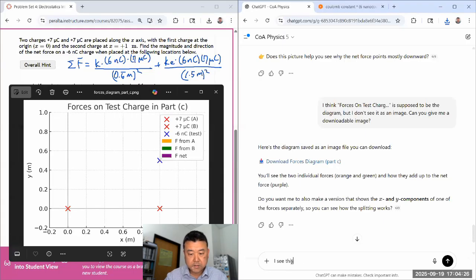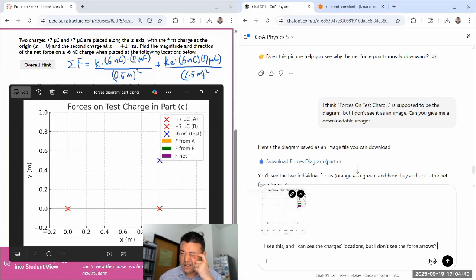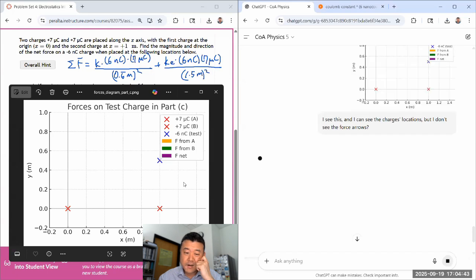I can see the charges' locations, but I don't see the force arrows. Let's see what it does with that. Worst case scenario, I can draw what I understood from its descriptions and ask it to confirm, like, am I drawing those forces right?